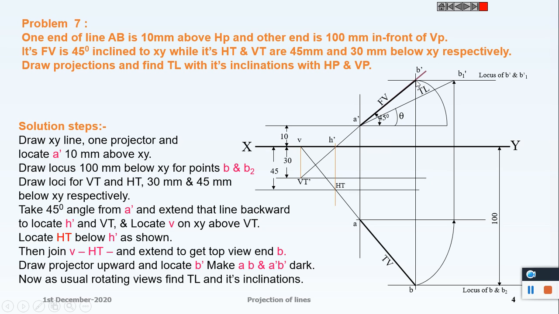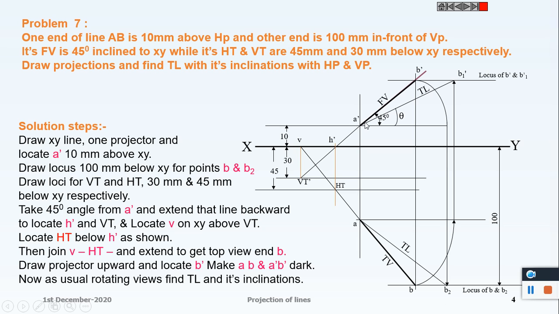Similarly, we can rotate B dash about the point A dash. This point is B2 dash and drop it downwards to get B2. Join A B2, which is also true length.